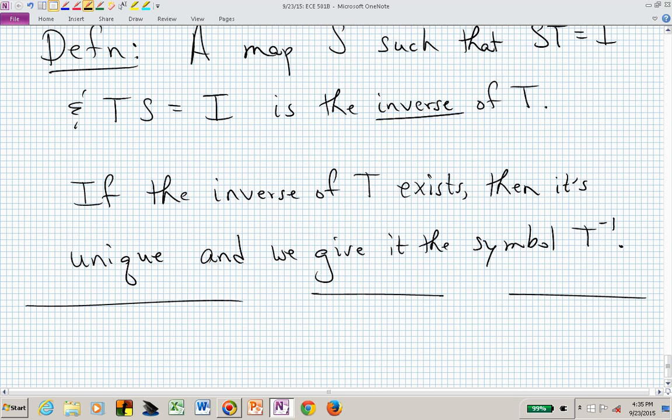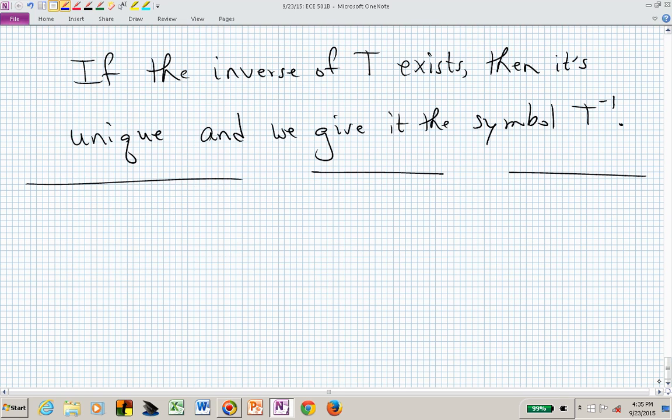Let's now look at a proposition for a linear map being invertible. Proposition 17.